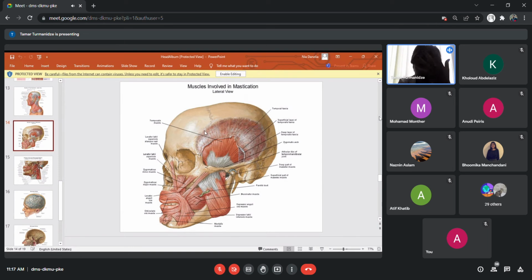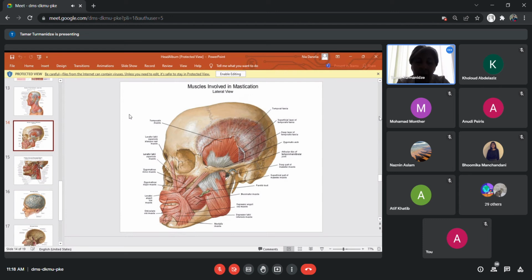So when most of the head is located anteriorly to this line, such a head is called frontopetal form of the head. So a person with a wide forehead. When most of the head is located behind the linea biauricularis, such a head is called occipitopetal form of the head.